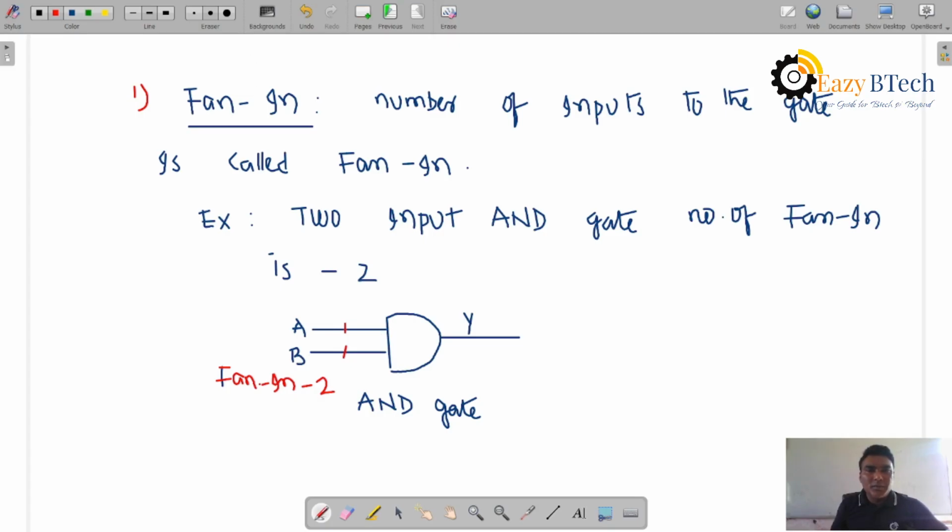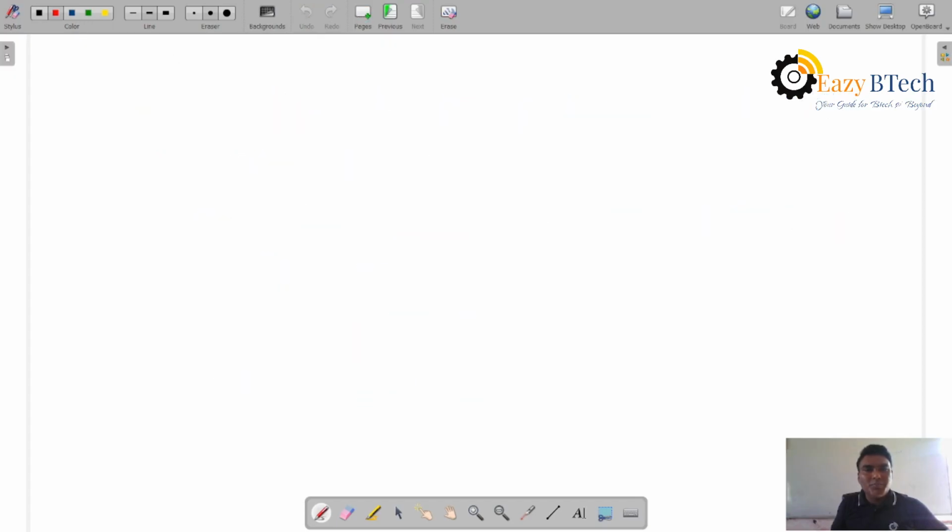The next parameter for increasing the speed of a transistor or logic gate, along with fan in, is fan out. The second one is fan out. This is the second parameter included in defining the speed of a transistor.